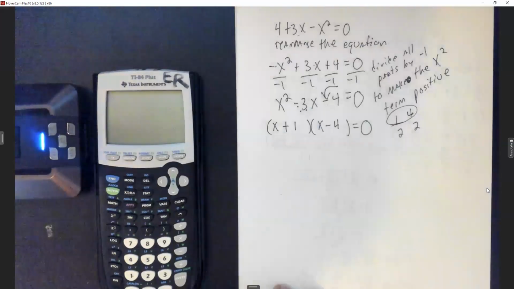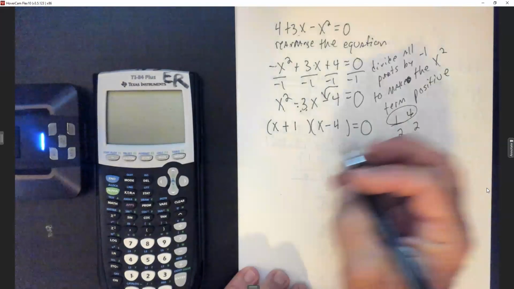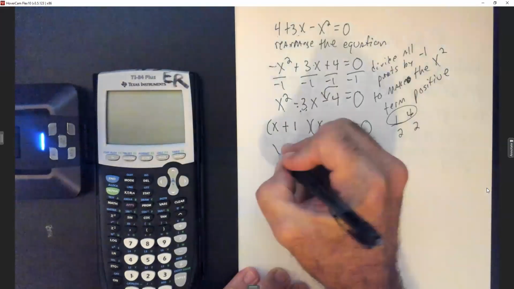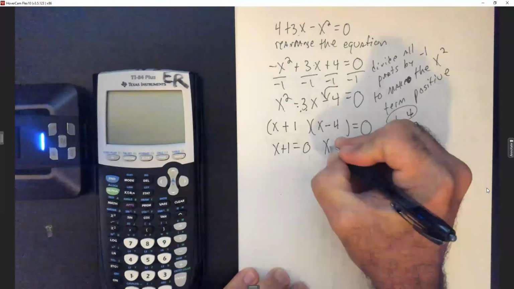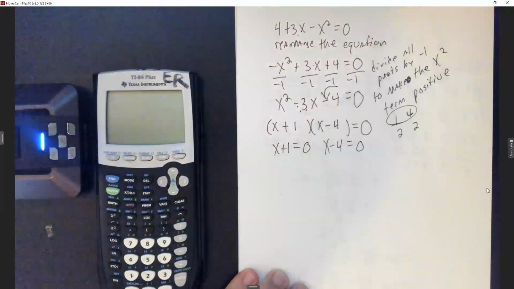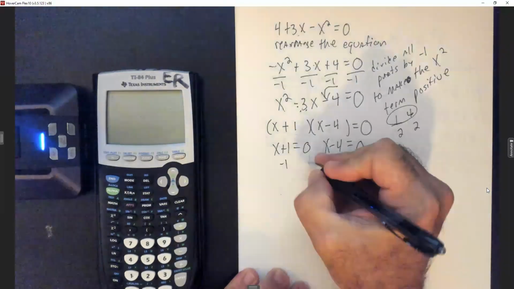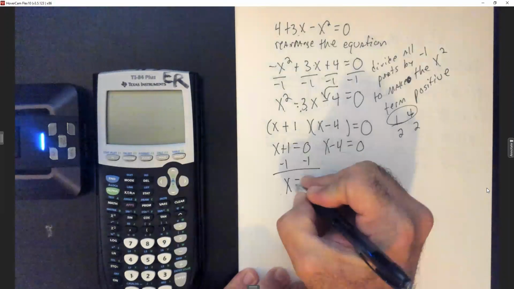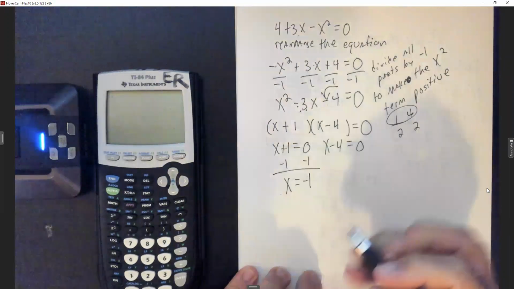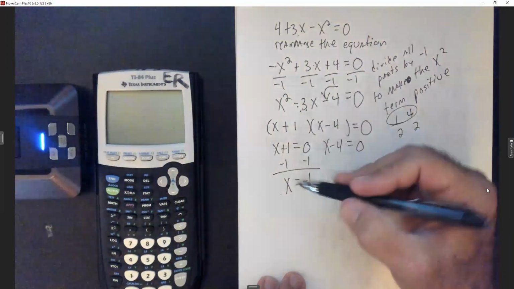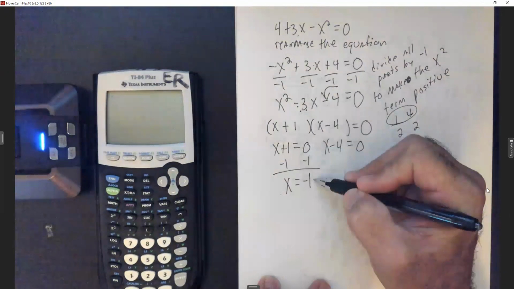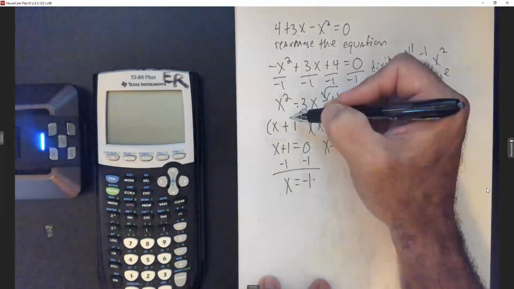And then now that we got it factored, we're going to set both of our factors equal to 0. And you'll notice another thing about this. When you solve these, notice I got x equals -1 on that. These solutions are always opposite in sign than the factors.